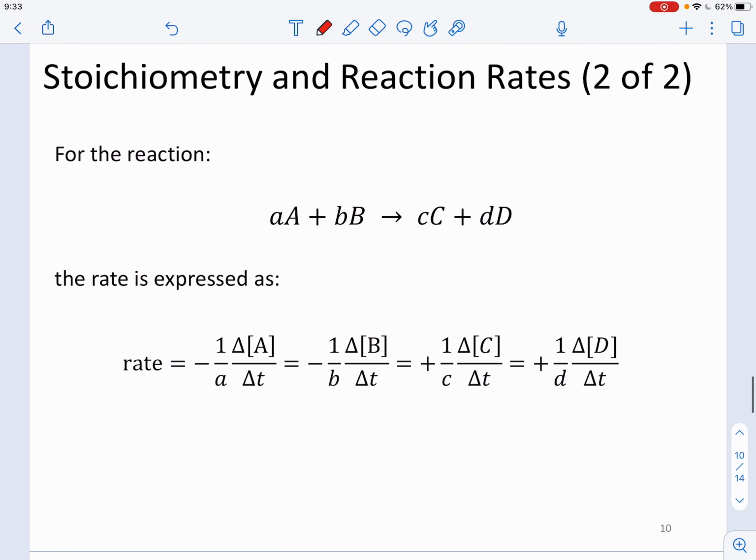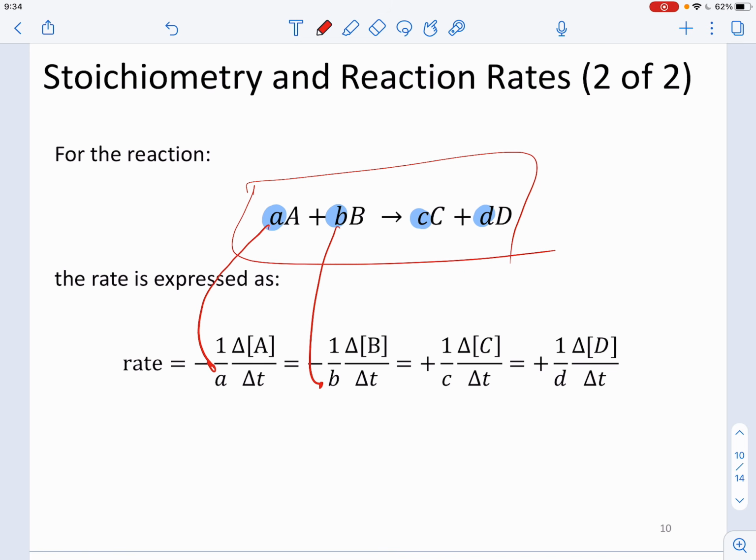So in general, for any given reaction, you are taking the stoichiometric coefficient of each one of these substances and dividing by that, so that you are normalizing your reaction rate. You will have the same reaction rate regardless of what substance you are using to define it.